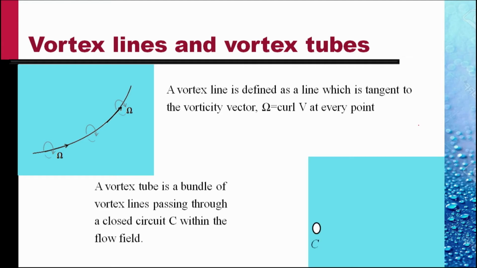A vortex tube is a bundle of vortex lines passing through a closed circuit C. Imagine a circuit C as shown. From every point of this, we pass a vortex line, and so these vortex lines would occupy a tubular region in space, and this tubular region is termed a vortex tube.